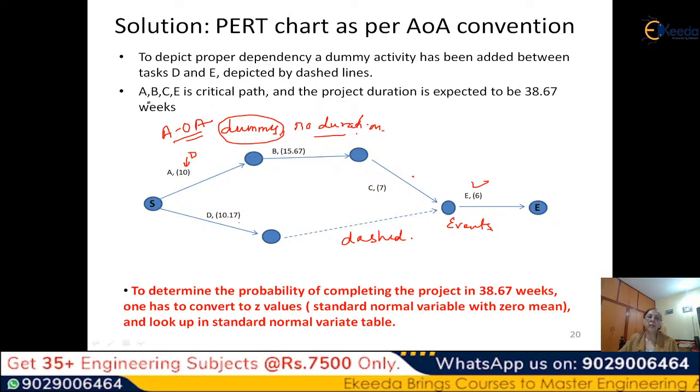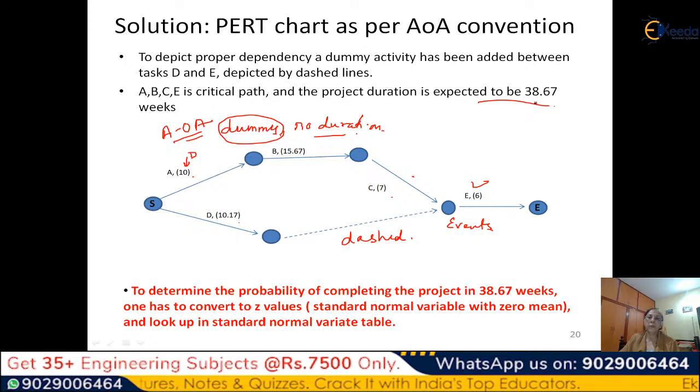So ABC, that is what depicts the dependency properly, and a dummy activity has been added between D and E, depicted by dashed lines. ABC is the critical path and the project duration is expected to be 38.67. Here we are not saying deterministic because PERT is a probabilistic method. So we are adding this expected duration, this expected duration, this expected duration and this expected duration. So 6 plus 7 plus 15.67 plus 10 will add up to 38.67.